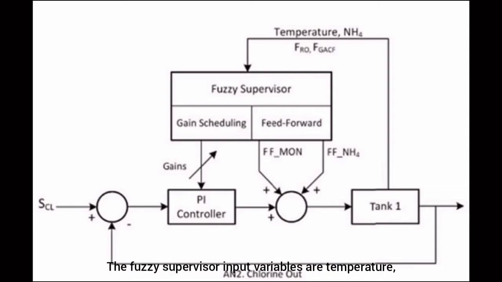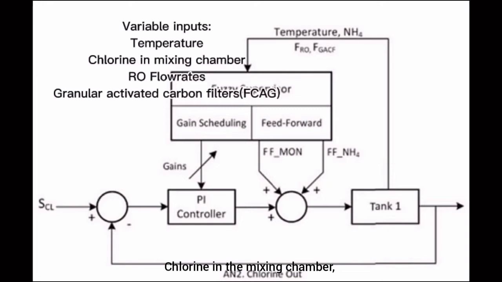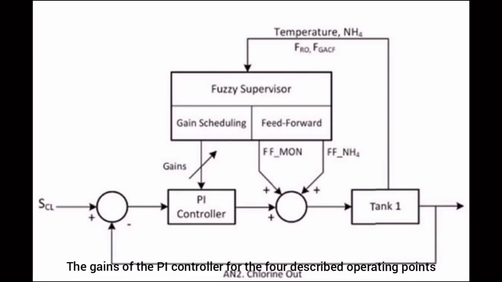The fuzzy supervisor input variables are temperature, chlorine in the mixing chamber, the RO flow rates, and the granular activated carbon filters. The gains of the PI controller for the four described operating points were computed depending on the temperature in the mixing chamber and the water distribution between the RO flow rate and the carbon filters.